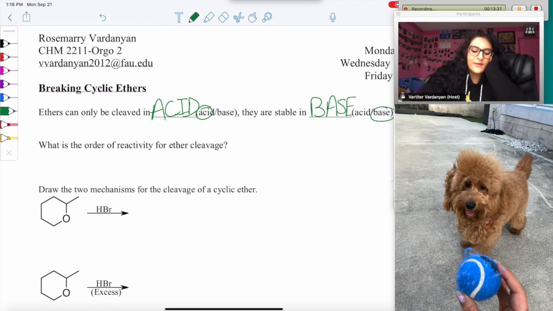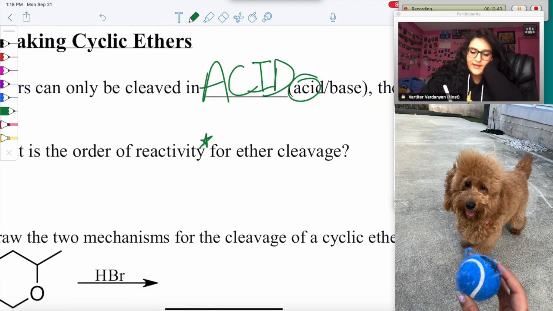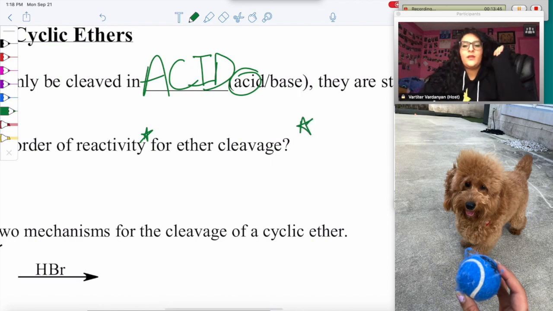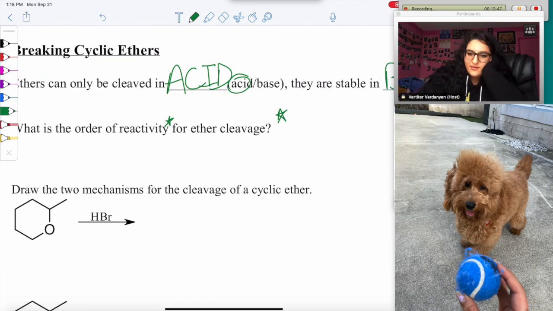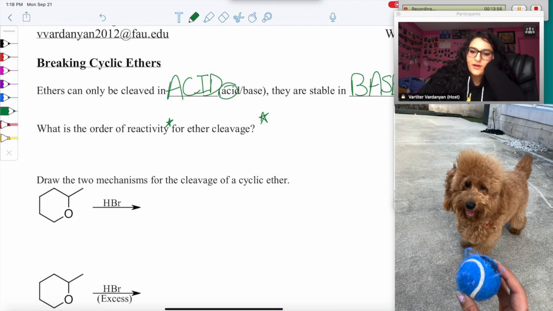Alrighty. And then we have the order of reactivity, and I'm going to put a little asterisk by reactivity. And right here, I'm just going to say, what I mean by reactivity is the order that the nucleophile will prefer to attack on the chain.